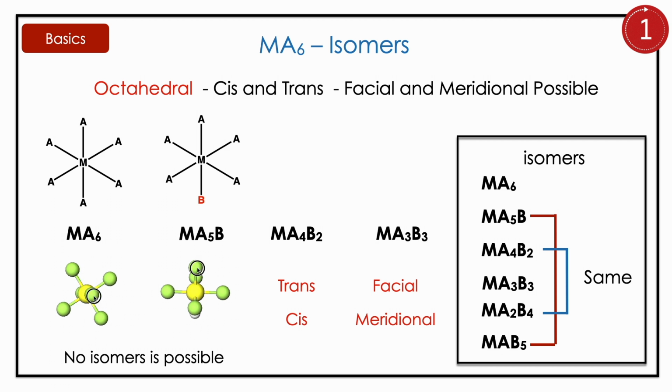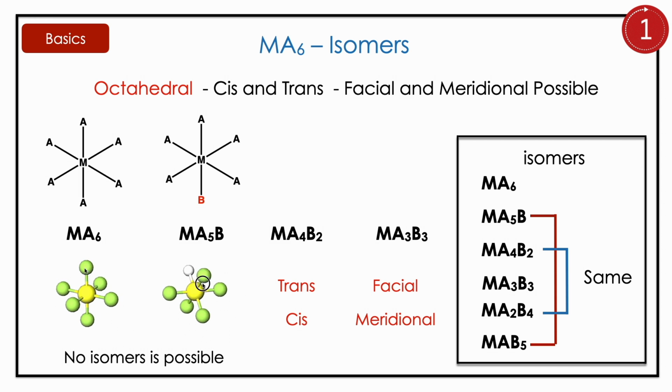Then we are moving into octahedral, that is ML6 form. It has four possibilities. All others are same. MA6, no isomer. All atoms are same. MA5B, only one type is possible. No geometrical isomer.